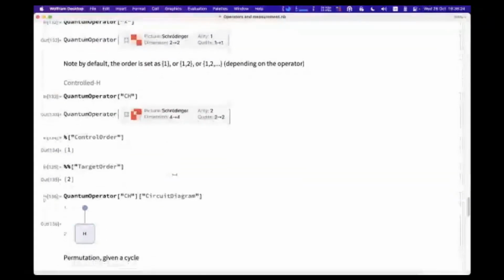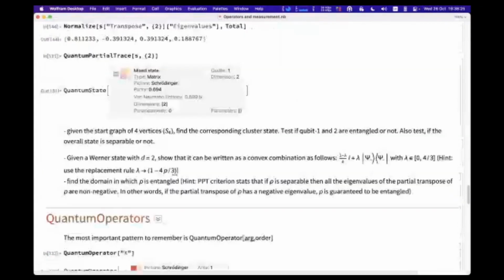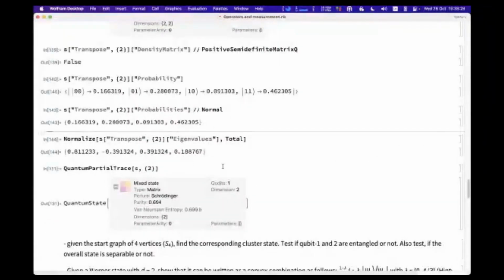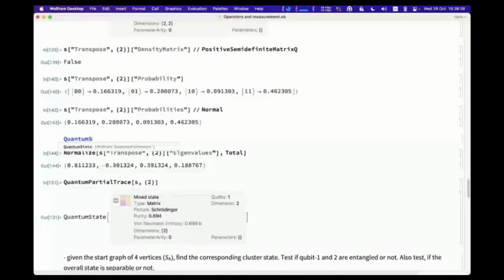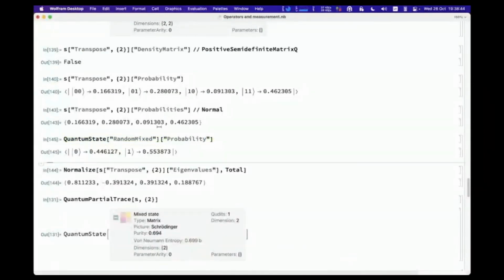That's one thing you have to remember: whenever you're doing fancy operations, make sure your state is an actual, real physical state. Otherwise, many of your measures are going to be strange. For example, a very common mistake I have seen is when people generate random states, they just use a random complex function.